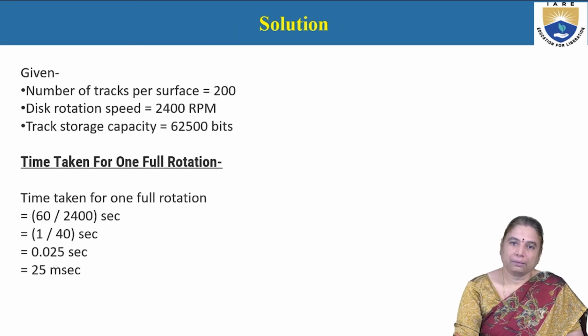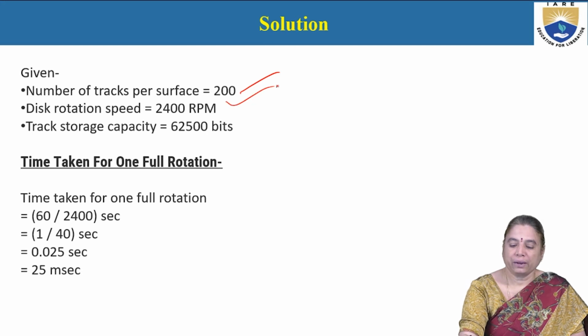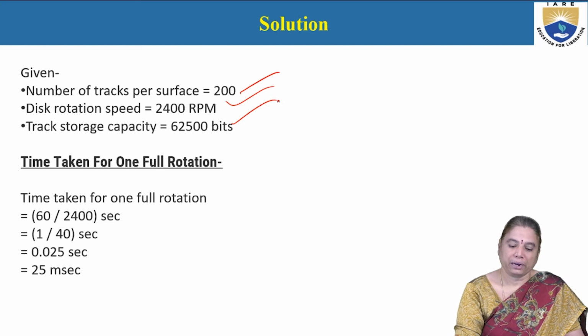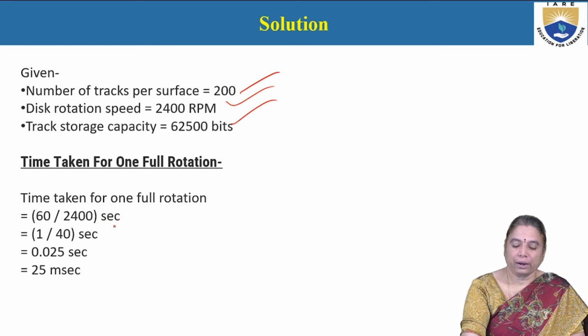So the parameters given in the problem are number of tracks per surface is 200, disk rotation speed is 2400 rpm, track storage capacity is 62,500 bits. Time taken for one full rotation is 60 by 2400 seconds. So 1 by 40 seconds, 0.025 seconds.